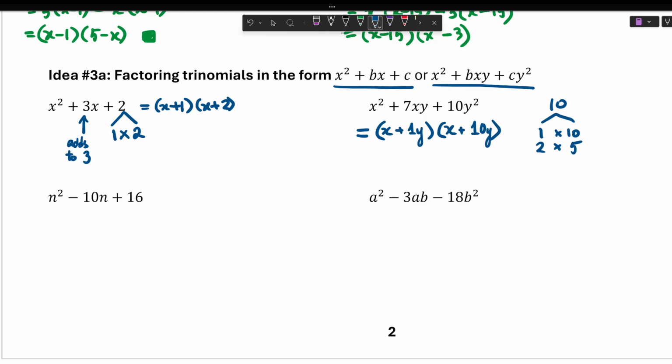Now you're going to check whether that middle term works. So you get 1y times x, which is xy. And you get x times 10y, which is 10xy. And you'll see that's 11xy. That's not what you wanted. You want 7xy. So this cannot be the correct guess. So let's try again.